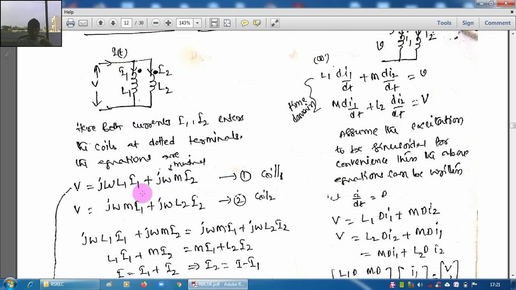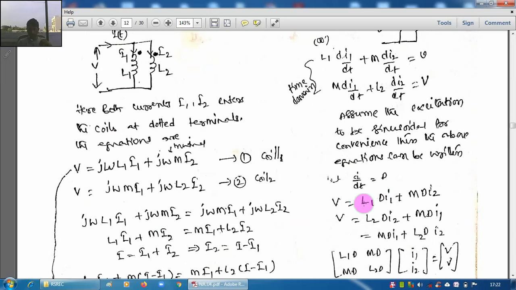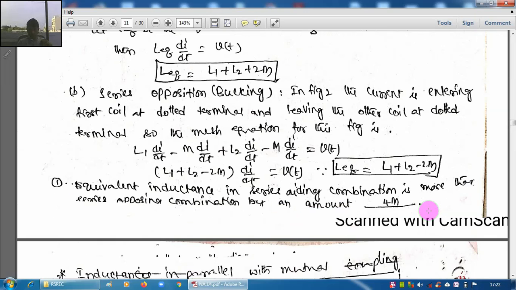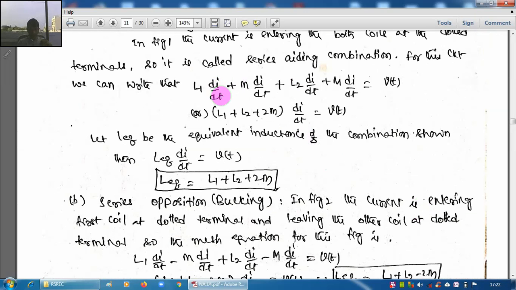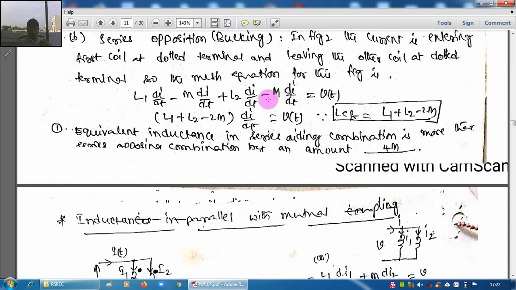this is known as the voltage equation in the frequency domain, whereas this is the voltage equation in the time domain. This is similar to this thing. V equal to L1 di1 by dt plus M di2 by dt, like this.